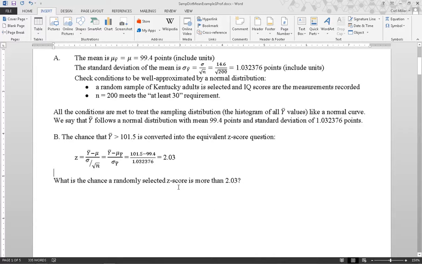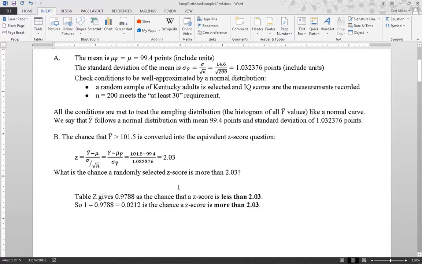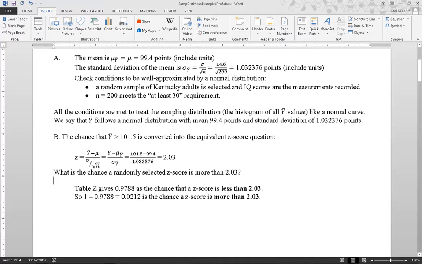What is the chance a randomly selected z-score is more than 2.03? See the sketch at the bottom of the handout. Table Z gives 0.9788 as the chance the z-score is less than 2.03.